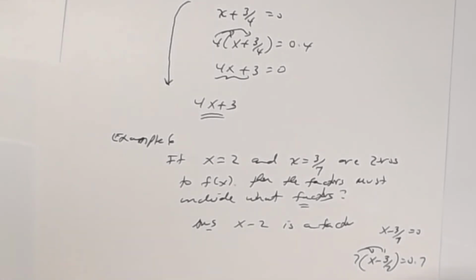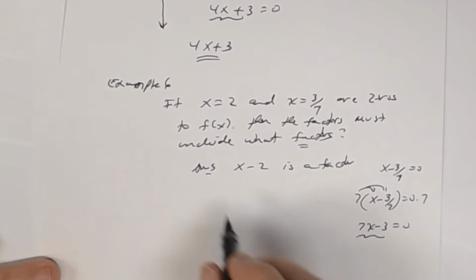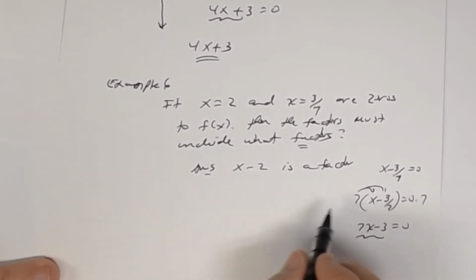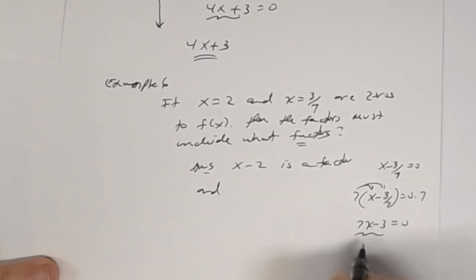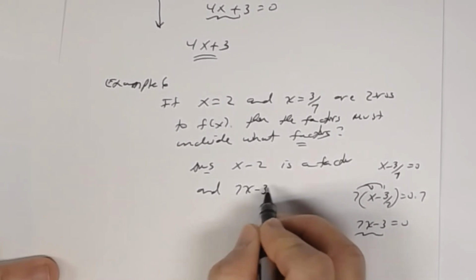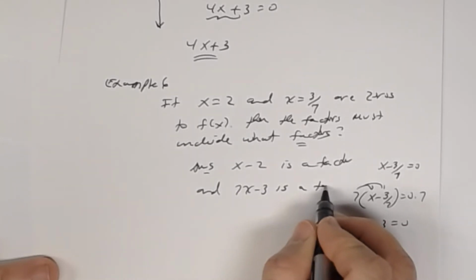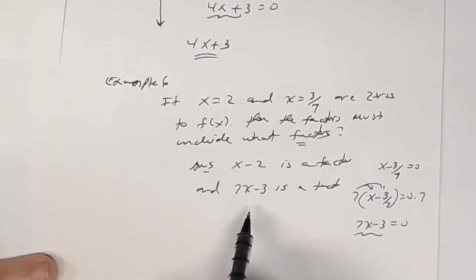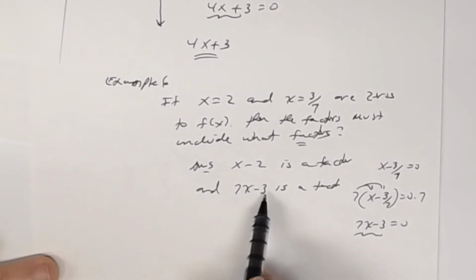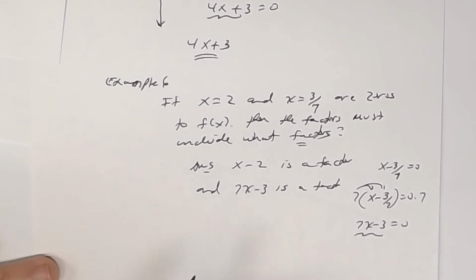So there's your other factor. This right here is your other factor. So answer, x minus 2 is a factor, and 7x minus 3 is a factor. All right, kind of makes sense, because if this is a factor and you set it equal to 0, you're going to get x equals 3/7, right? That's what you would get.